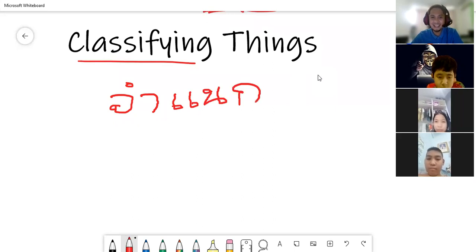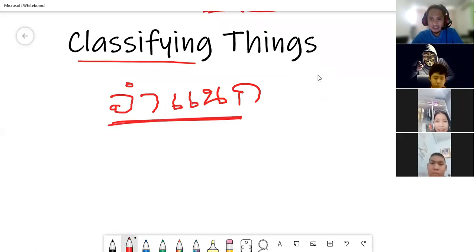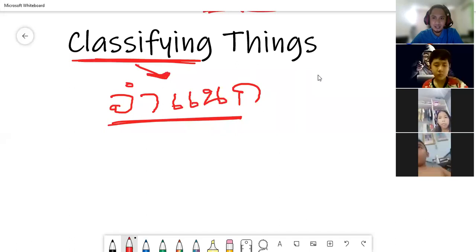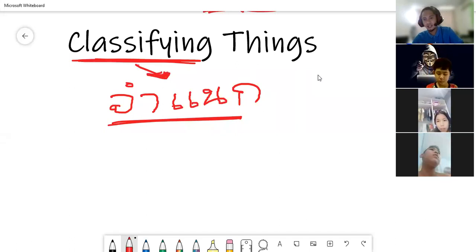What's that? Can you read this one? จำแนก. Okay, you write. You write this one. Classify. Classifying things. You can write it in your notebook, anywhere.